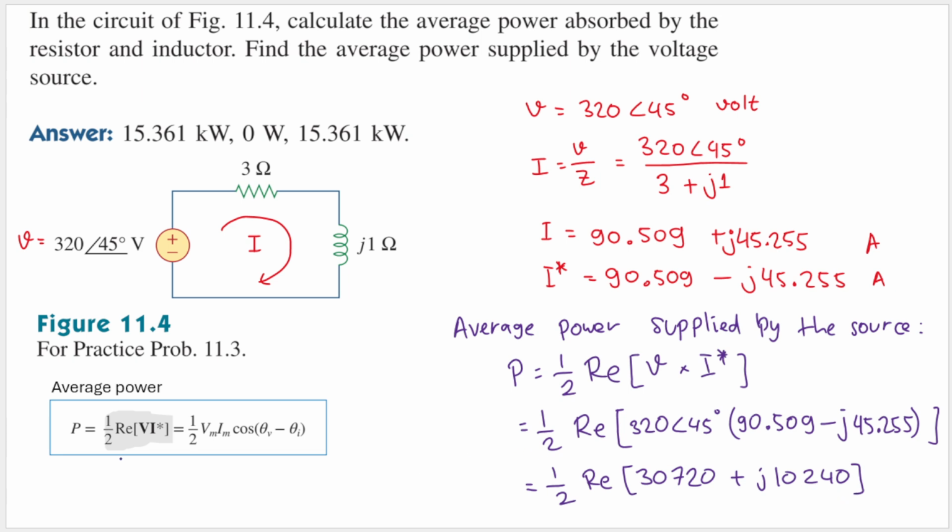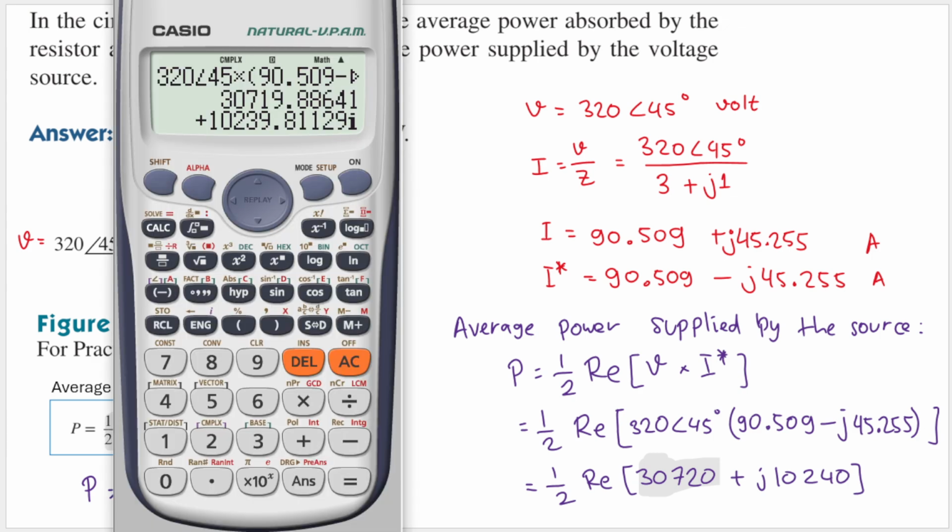And so we can have P is equal to 1/2, and the real part is this one, 30,720, and that will be 30,720 divided by 2. Okay, we'll have 15,360.